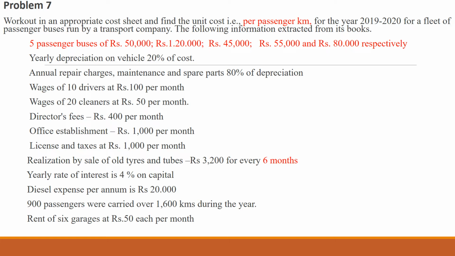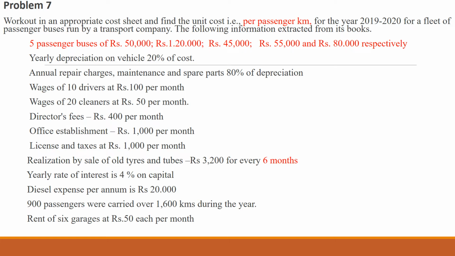The following information is extracted from its books. 5 passenger buses of rupees 50,000, rupees 1,20,000, rupees 45,000, rupees 55,000 and rupees 80,000 respectively. So the cost of each of the 5 buses is given.